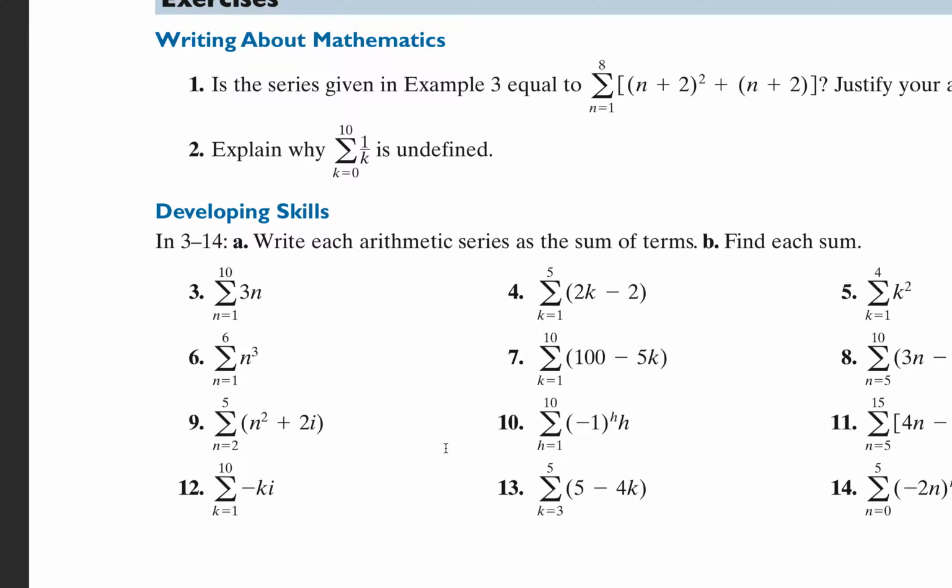So the first term is -1, and then plus 2, minus 3. The first term is -1, to the power of 1, times 1, is -1.